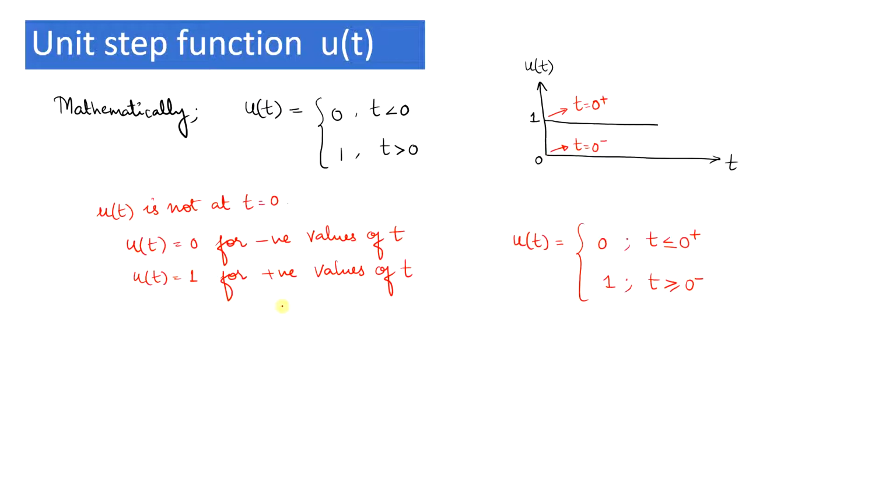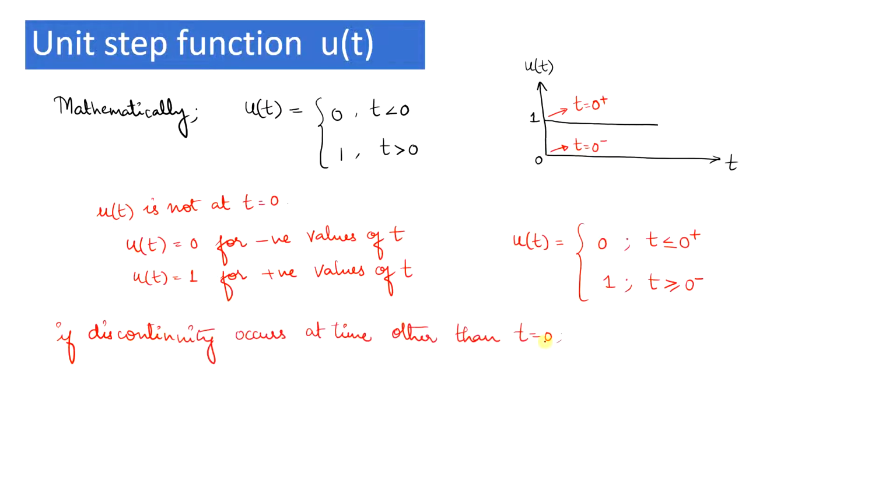Now sometimes while representing the unit step function, there can occur some sort of discontinuity other than at t equal to 0, because here we have represented the waveform corresponding to the time instant t equal to 0, right? So there can be discontinuity in terms of the occurrence of the signal.